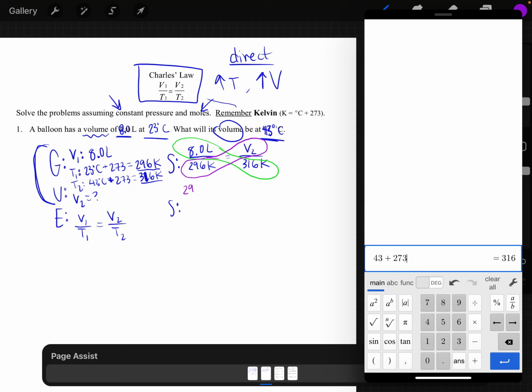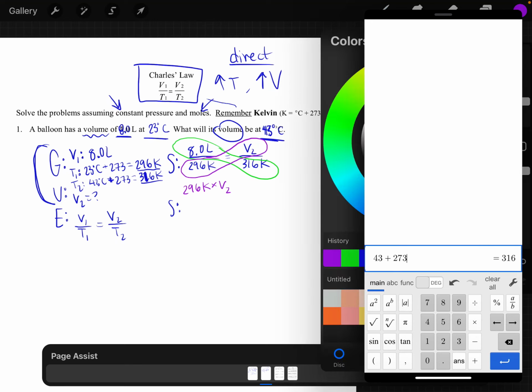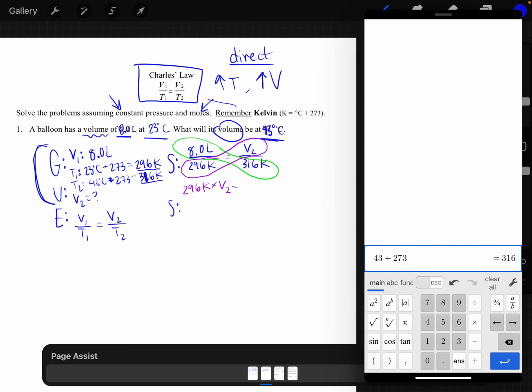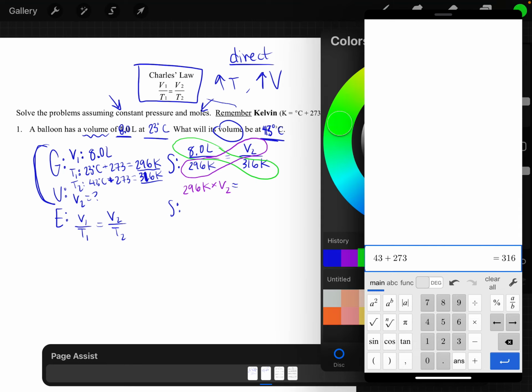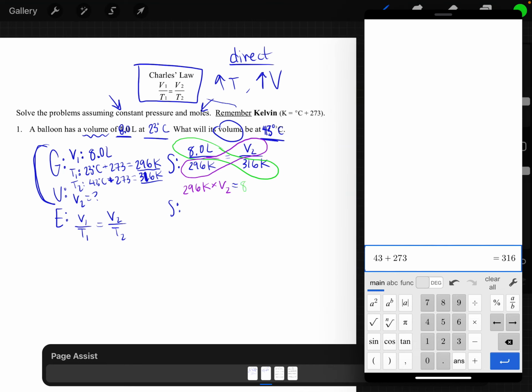So I'm going to say 296 Kelvin times that V2 is equal to the green wing. So this becomes 8.0 liters times 316 Kelvin. Now I'm out of fraction mode.